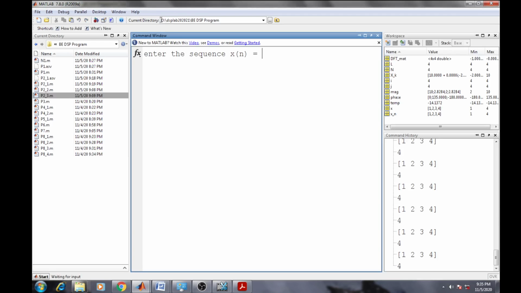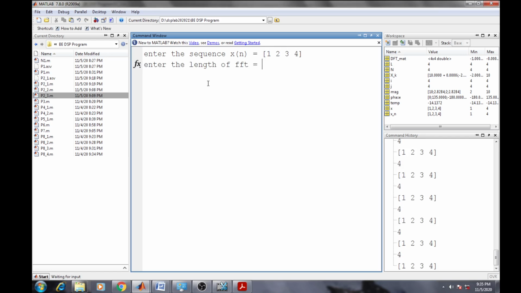I run it again, and it demands x of n, so I write 1 2 3 and 4. Once you pass it, it again demands the length of FFT, so I say 4.